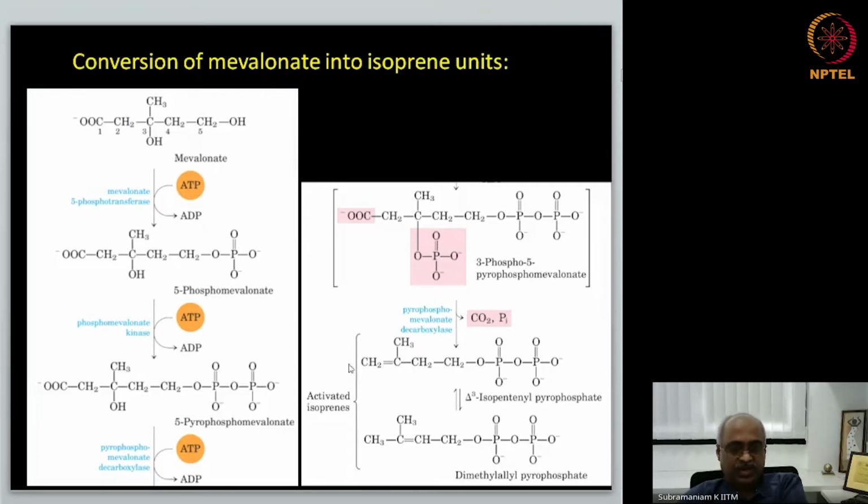And if this was part of the linear chain, that would have been simply the aliphatic hydrocarbon pentane. So isopentenyl pyrophosphate. Then this can isomerize to form, by switching this double bond, dimethylallyl pyrophosphate. And these IPP and DPP are the activated isoprenes.